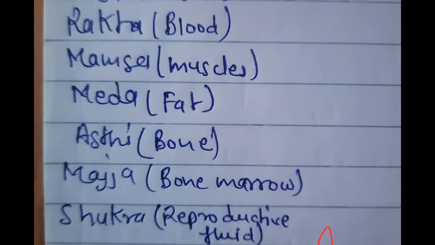Done. Ama is A-M-A, ama. What is the last one? What is the one after Majja? After Majja, that is Shukra, S-H-U-K-R-A, Shukra.